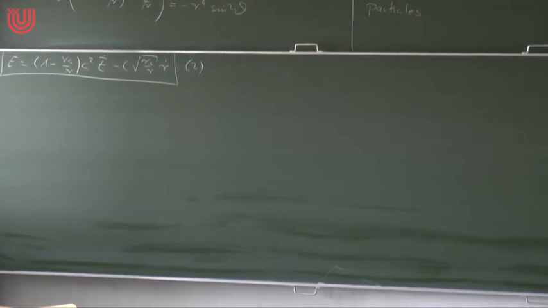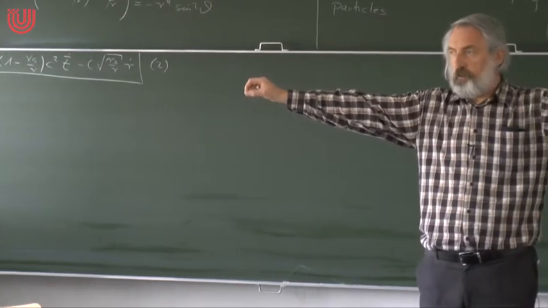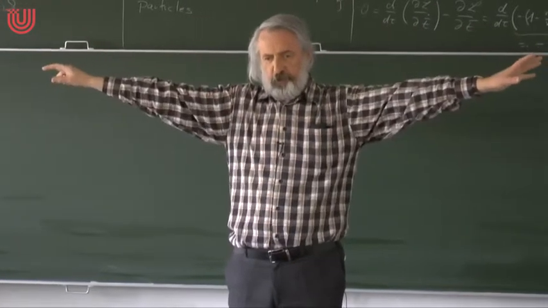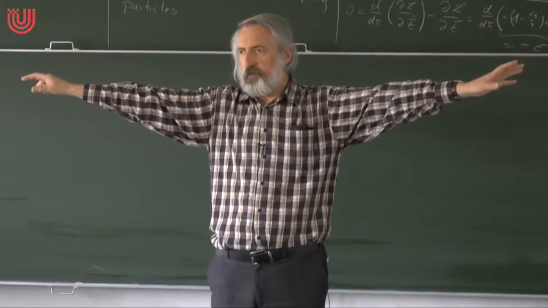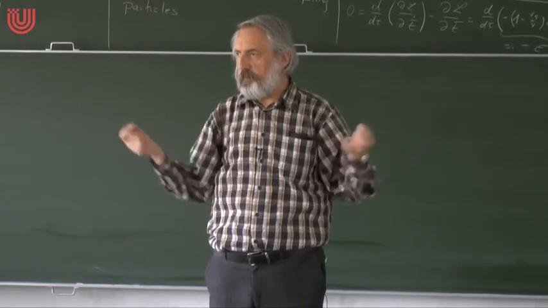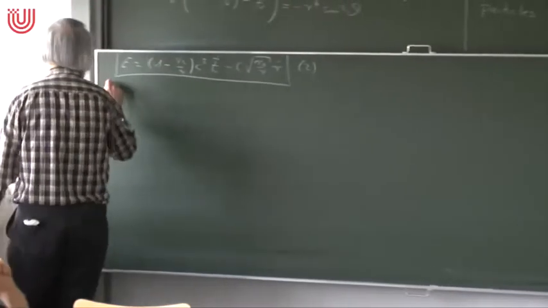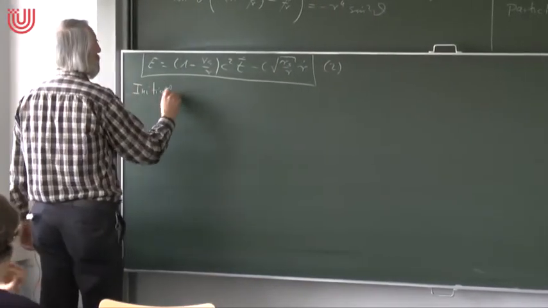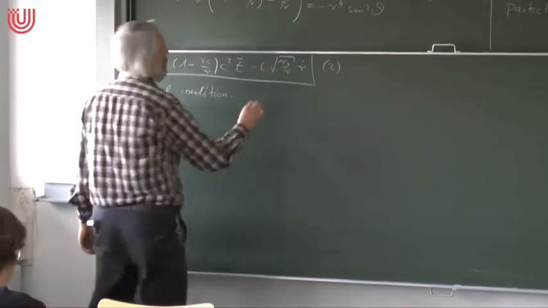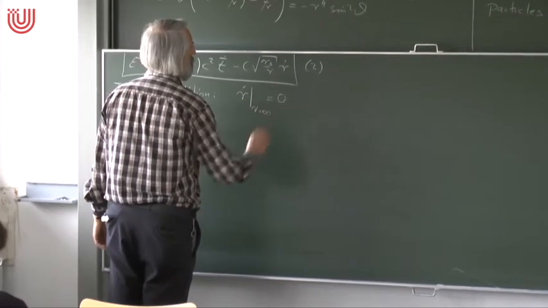And we want to fix the E by the initial condition for the velocity, that the particles come in from infinity with speed 0. So if we extend the world lines of the particles to t bar equal minus infinity, then they are sitting at infinity with speed 0. And then they become attracted and fall towards the center. So our initial condition, which we want to use, and this will determine the E, is that r dot for r equal infinity is 0.